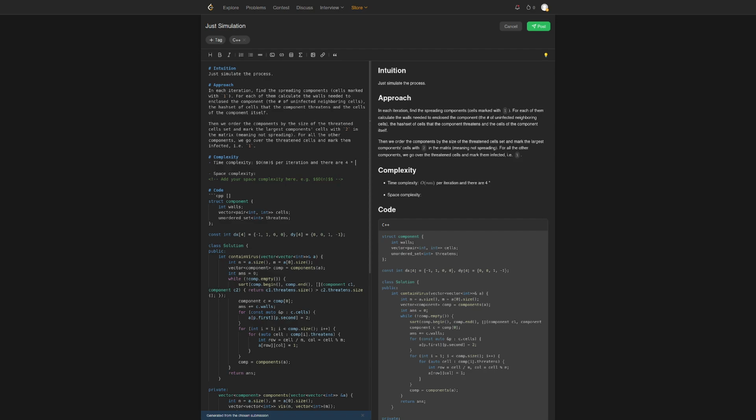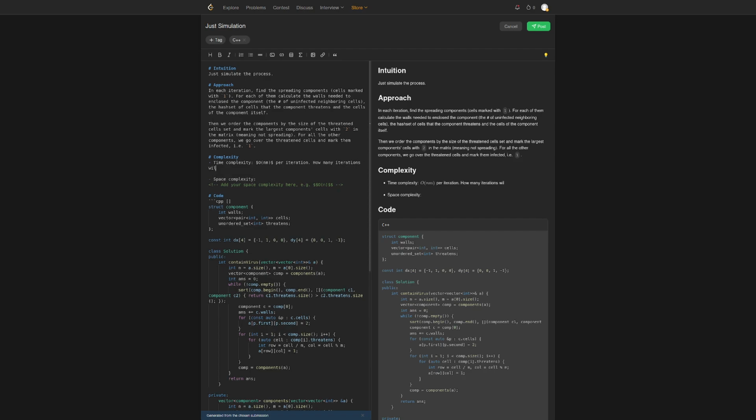So we want to find the largest time such that time plus 1 divided by 2 is less than RC. So some square root, maybe, I guess. So how many iterations will there be?